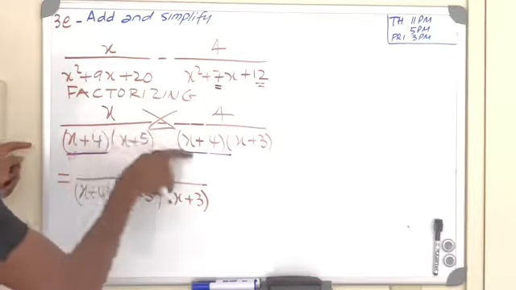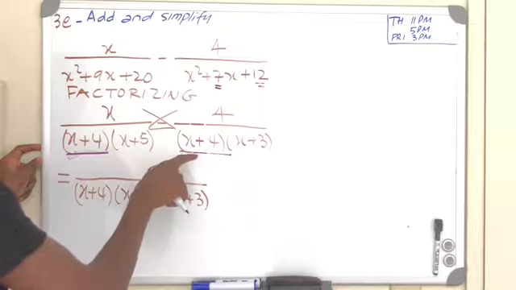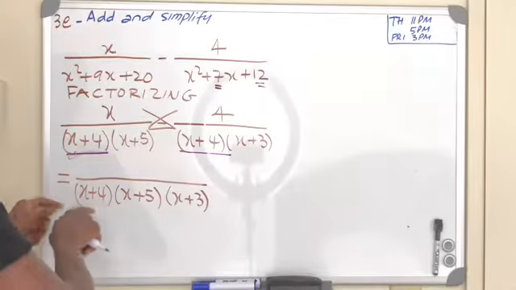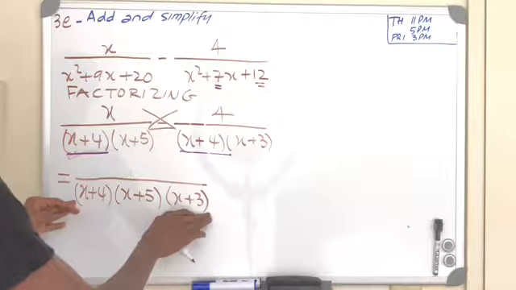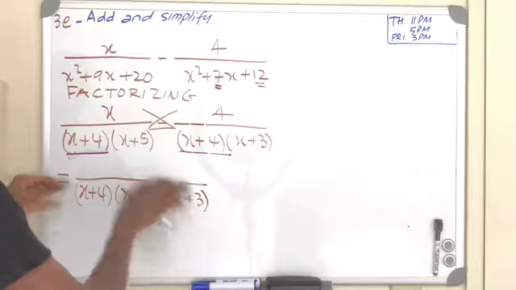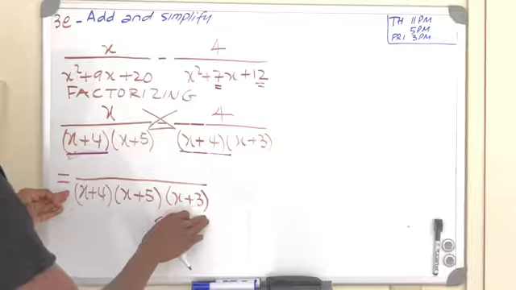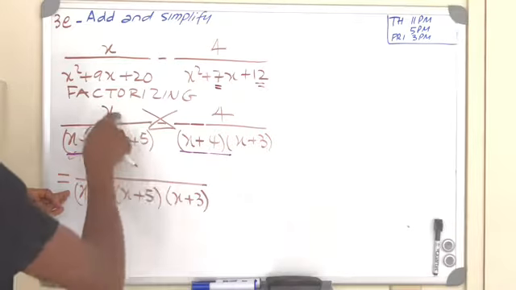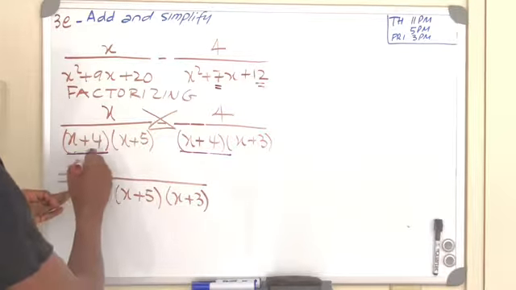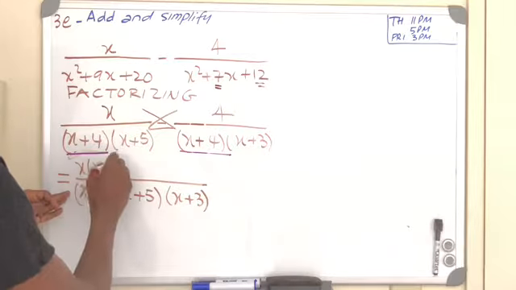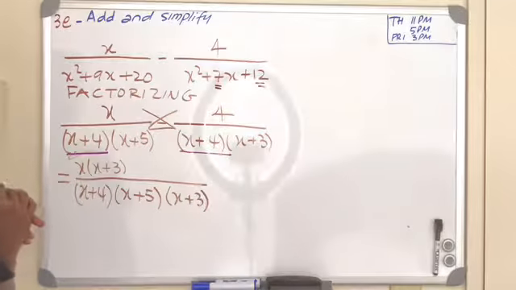We can do this one first. When you divide the entire x plus 4, x plus 5, x plus 3 by x plus 4, x plus 5, we have x plus 3 left. So I'm going to have x times x plus 3. I don't know if you see what I'm doing.